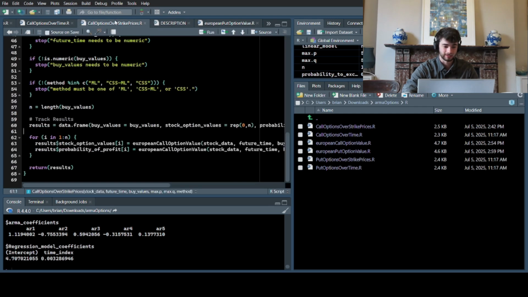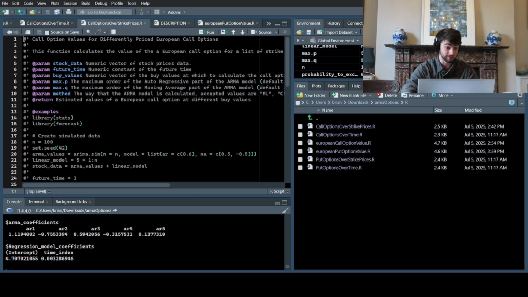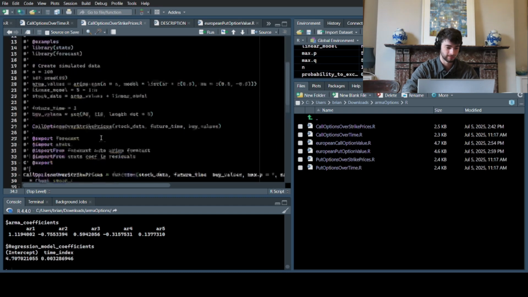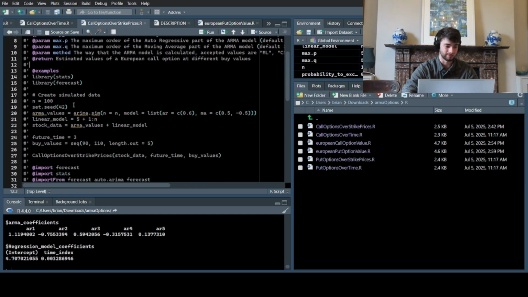And then the thing that I like the most is you create documentation. So I use Roxygen to create this documentation. And so you write it here, your parameters, an explanation of the function, and what it returns, obviously, and a simple example.